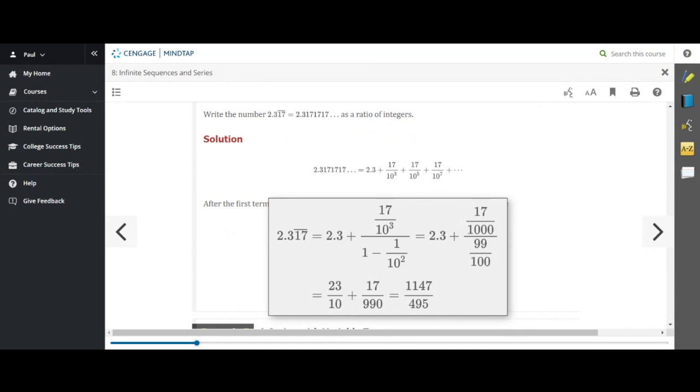The 17 over 10 cubed divided by 1 minus 1 over 10 squared, that's the A over 1 minus R. That's the sum of the geometric series.